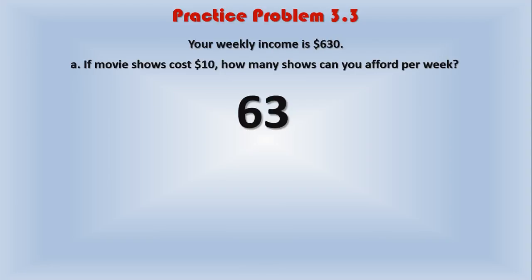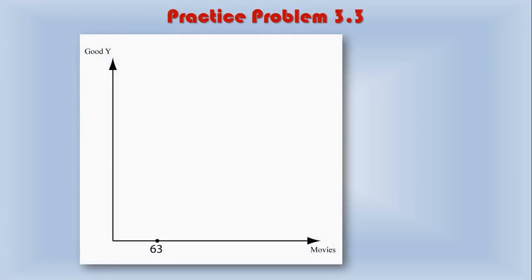So that represents, if we have, let's say, movie shows on the x-axis, for the budget line, the x-intercept, the most movies that you would be able to afford if you only spent your income on movies. So movies are on the x-axis. We're going to assume that the other good is the composite good, which has a price of $1 by assumption.